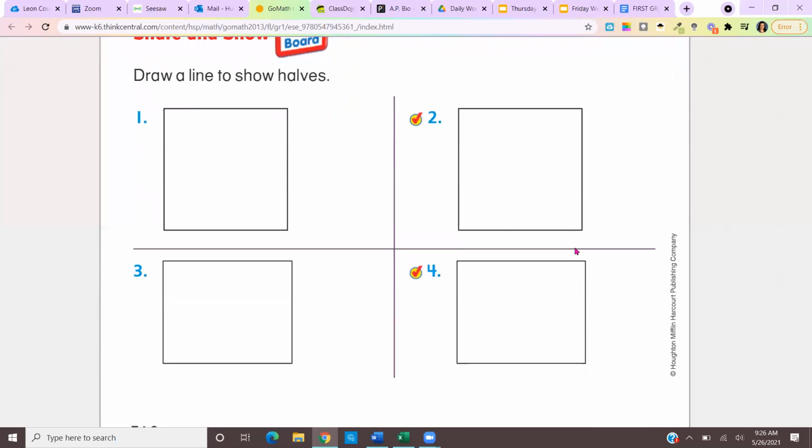Let's look down at numbers 1, 2, 3, and 4. We are going to talk about all the different ways that we can show halves in a square. And guess what? We've already figured out 2 of the ways. On our sandwiches, we said we could draw a line straight down the middle from top to bottom. So that's one way.